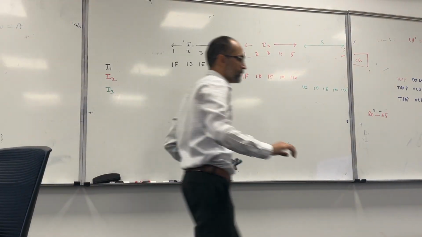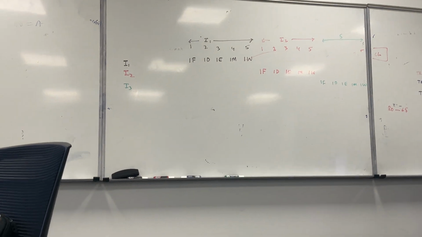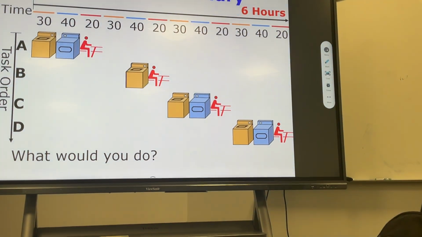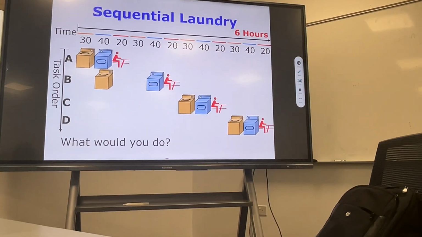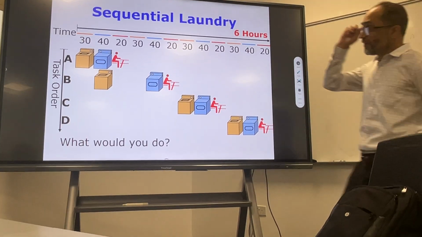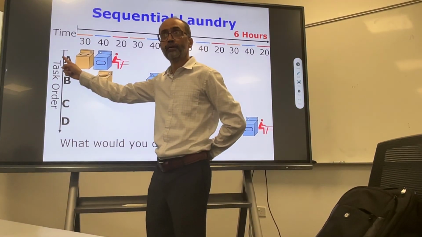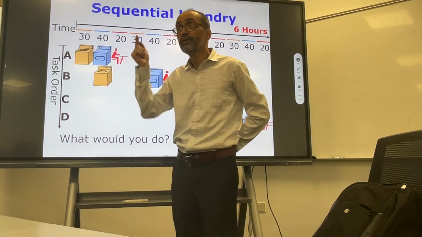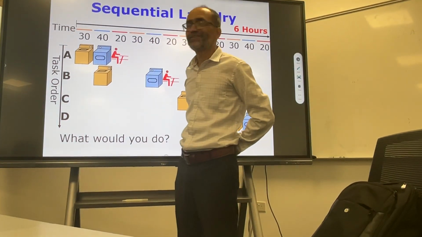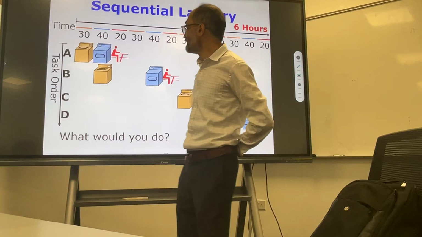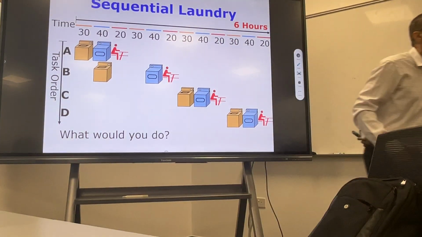Okay, I will see. Now, it will take 6 hours. What do we need to do? So basically, when A finishes with the washing, then we can start with the washer. And then, what do we need to do?